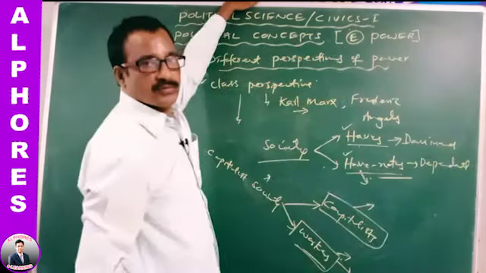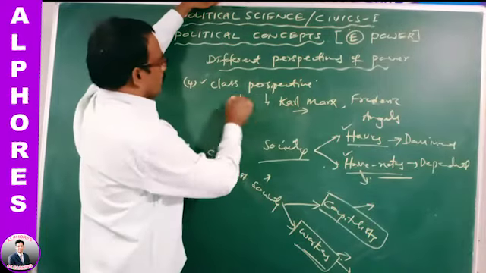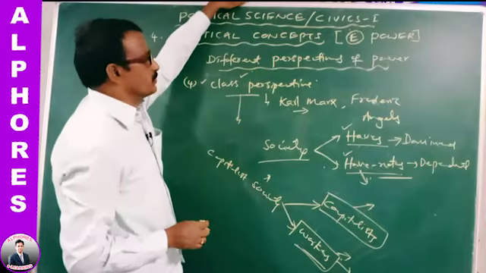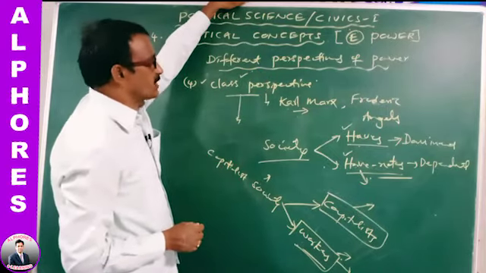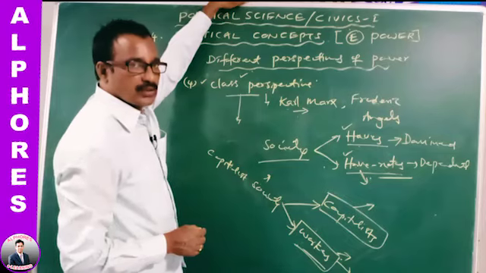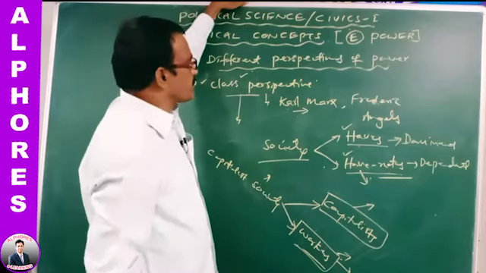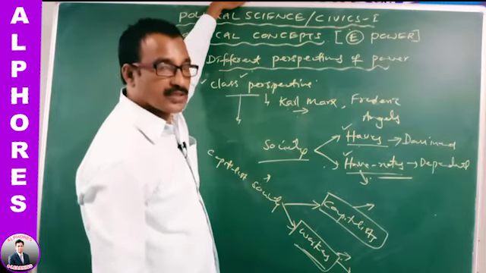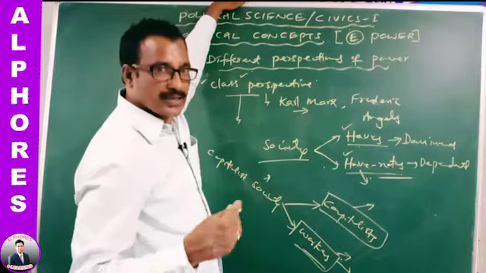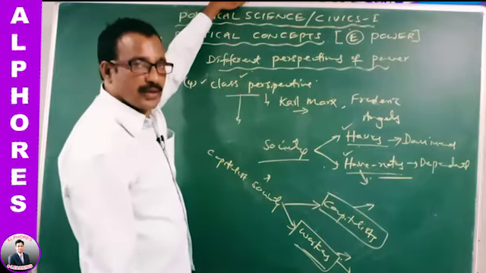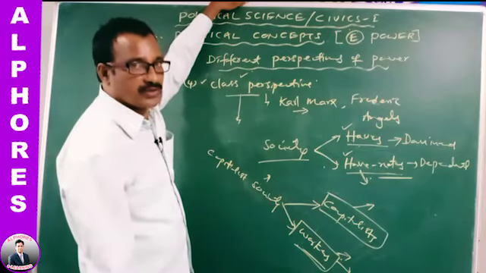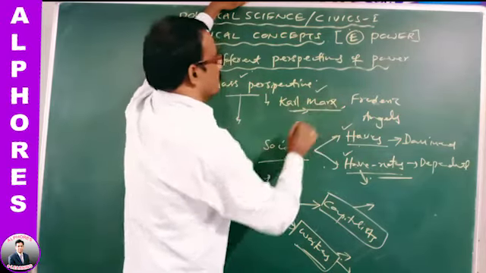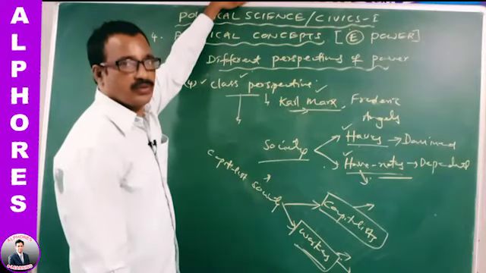Clear? Finally, the propounders of class perspective believe that the classless society can be established through social revolution. So due to the impact of Karl Marx in Russia, the Russian revolution originated.